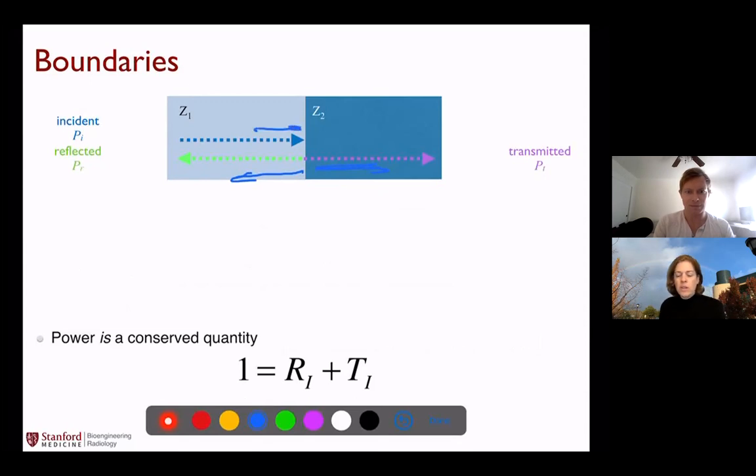So if you're talking about intensity, then you say that the transmitted intensity and the reflected intensity add up to 1, where we've just said that the incident intensity is 1. Okay, does that make sense?